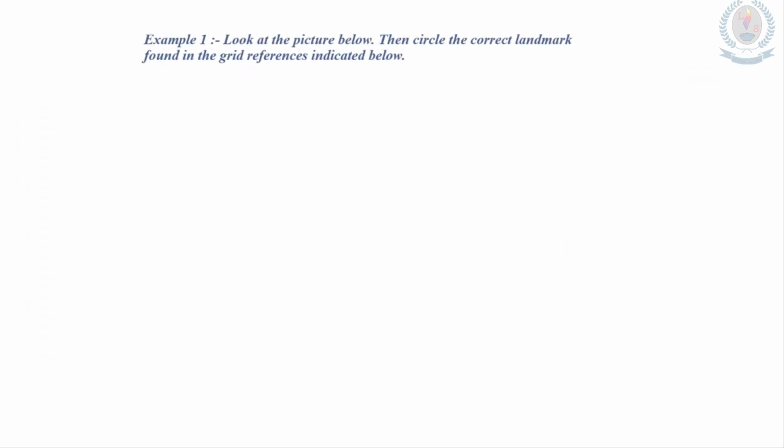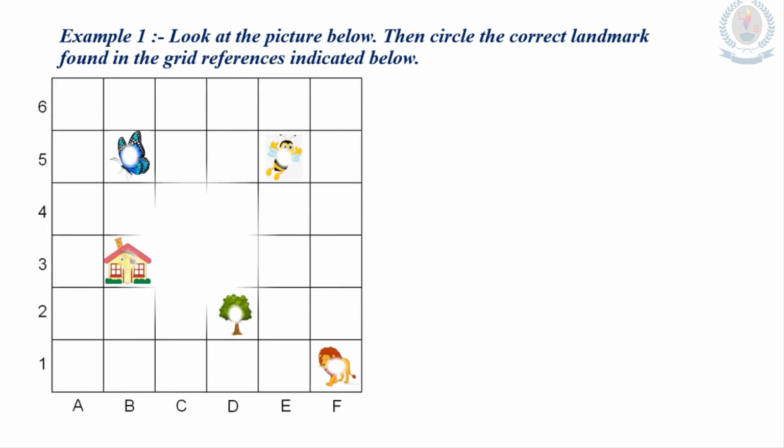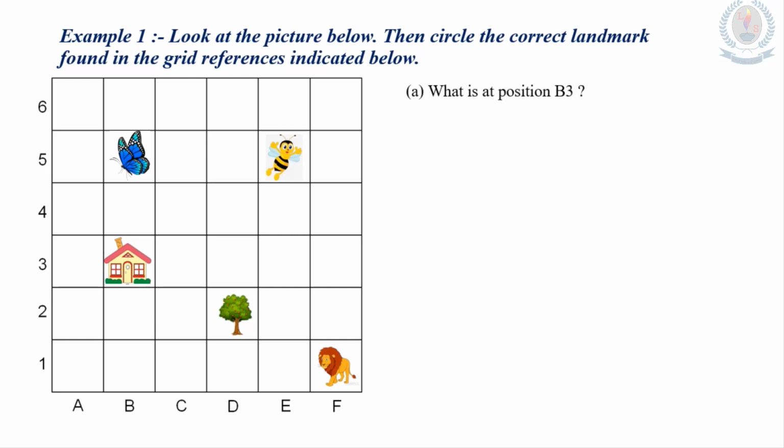Now look at example 1. Look at the picture below. Then circle the correct landmark found in the grid references indicated below. Okay, this is our first question. All of you read the question. What is at position B3?